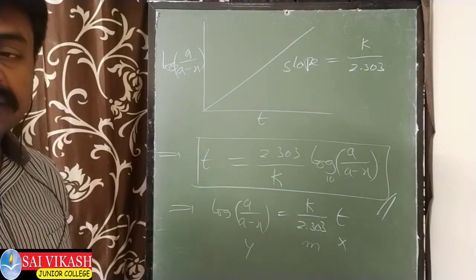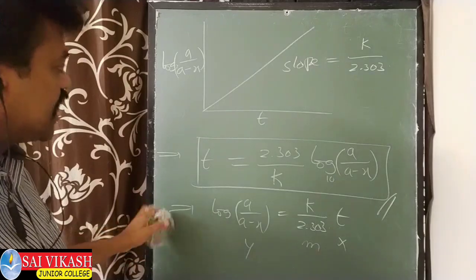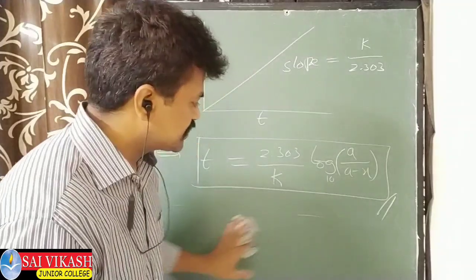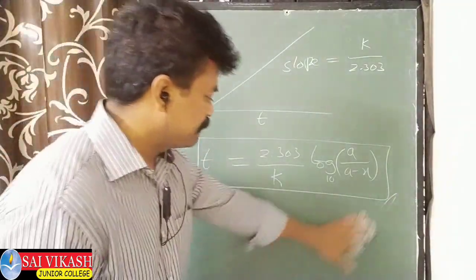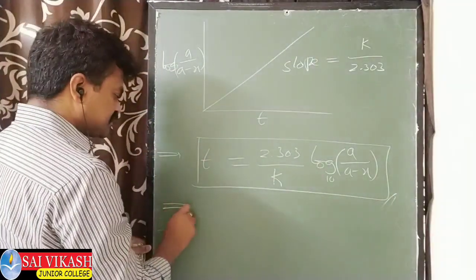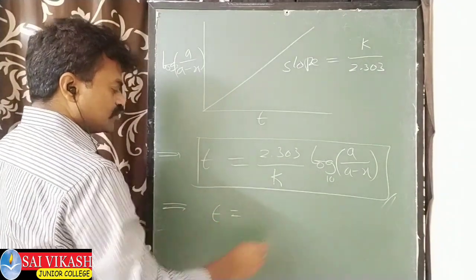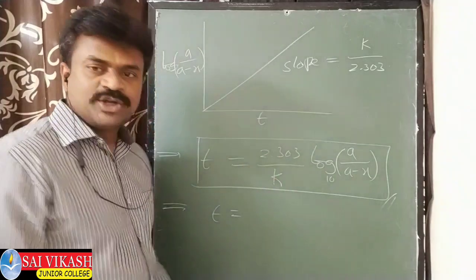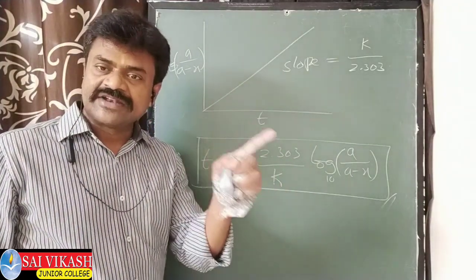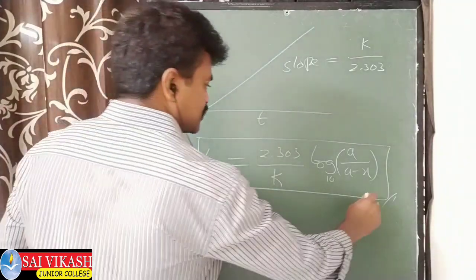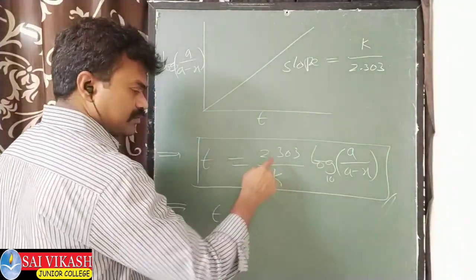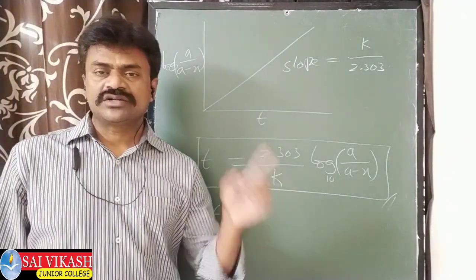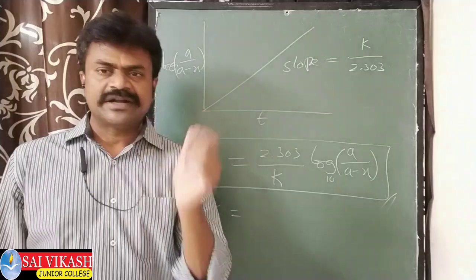This is one relation. There are various types of graphs. Suppose the same equation we can write with the 2.303 removed, and then ln will come. To convert natural logarithm to base-10 logarithm, you have to multiply the value with 2.303.